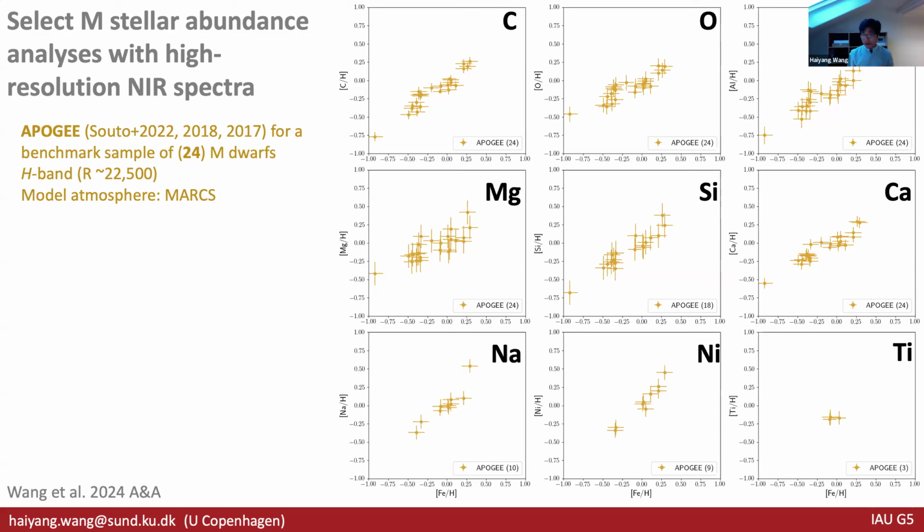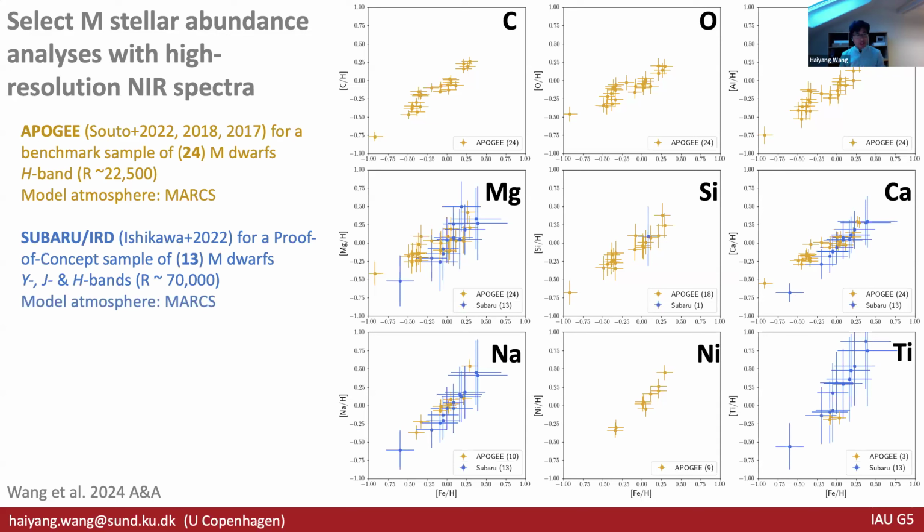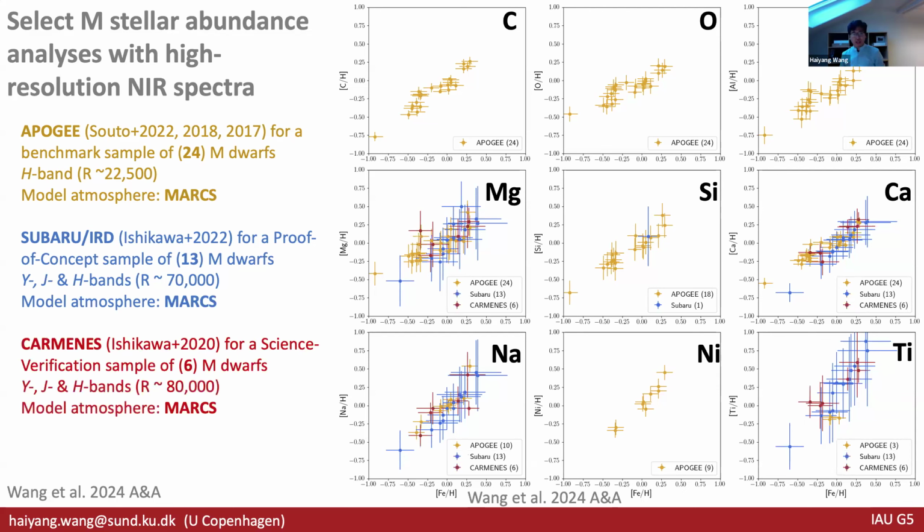Then we also have the Subaru survey, and here is their proof-of-concept sample of 13 M dwarfs analyzed in the Y, J and H bands, also with the same model atmosphere. And again with CARMENES, here are an additional 6 M dwarfs, also analyzed with MARCS and also in the Y, J and H bands.